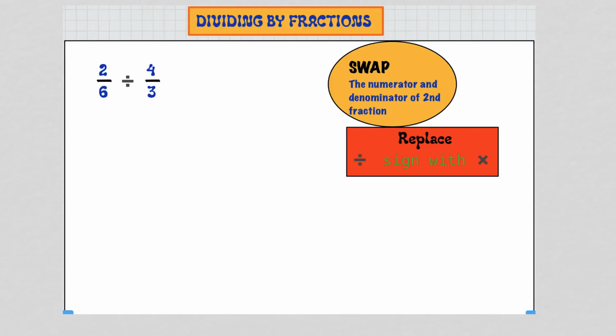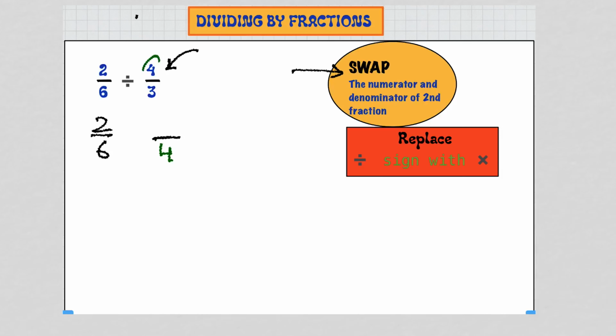So let's see how I do this question here. 2 over 6, we do nothing with the first fraction, it's with the second fraction. What we do is we swap. Swap means basically numerator becomes denominator, so 4 is in numerator, so we will write 4 as denominator.